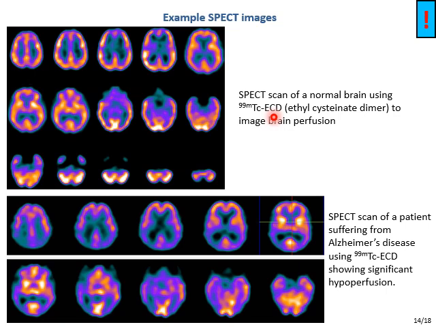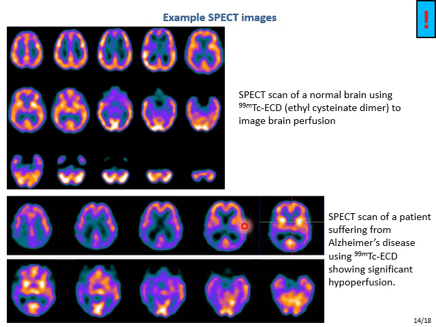This radiopharmaceutical is used for imaging brain perfusion, so how much blood basically flows across a certain part of the brain. And the warmer color, corresponding to the cortex, to the cortical region, is typically characterized by higher blood perfusion, and that's the normal case. So that's in the upper part of the image. You can see the blood perfusion typical for a healthy human brain.